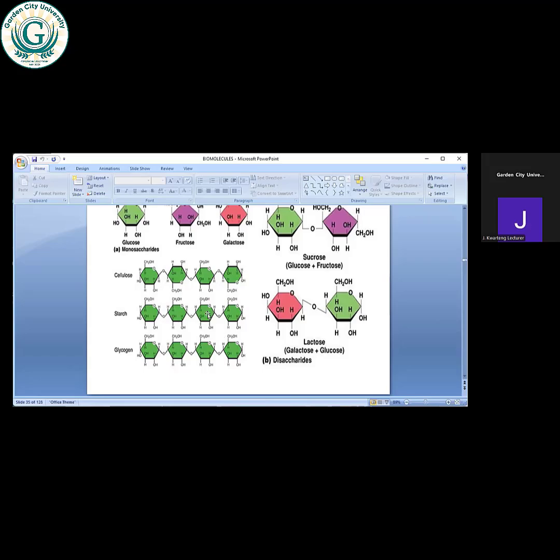If you look carefully, they tend to have identical bond structure. And this is why the enzymes that are able to digest starch are also able to digest what? Glycogen. So glycogen is not a difficult thing for the body to manage, just as it manages starch.